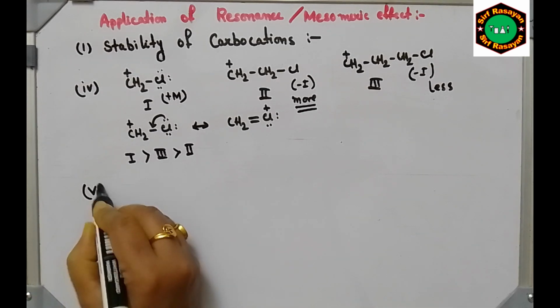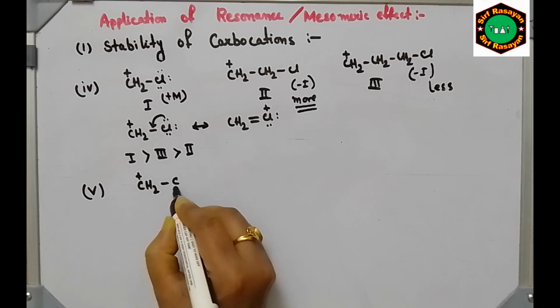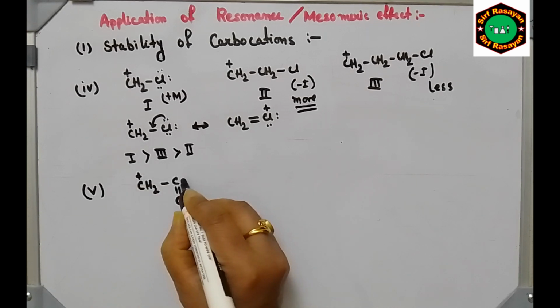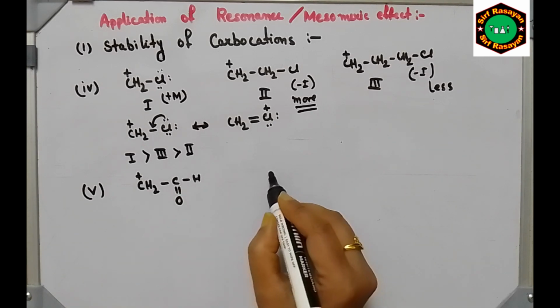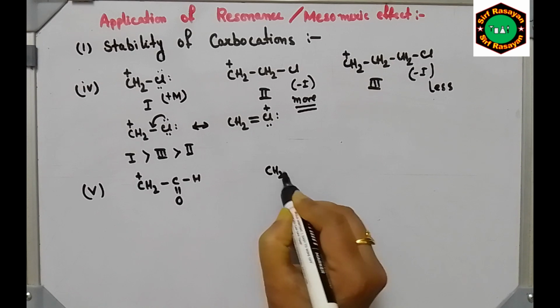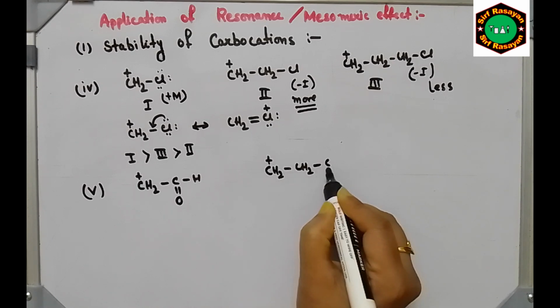So this is the stability order. Now what is about these two species? Suppose you are having positive charge here, CO aldehyde group, and here CH2 CHO.